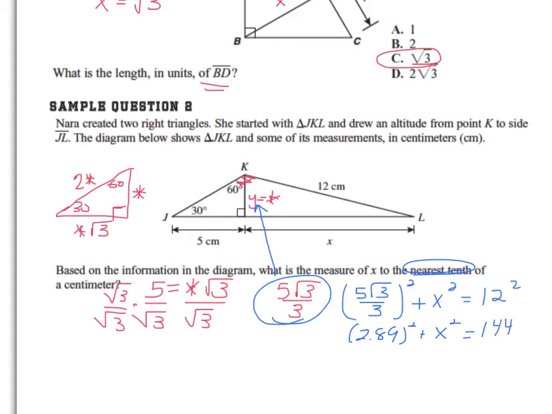And then I'm going to square this, and I get 8.3 repeating. So 144 minus 8.3 is 135, and then I square root that, and I get x equals 11.6. So that is my answer finally.